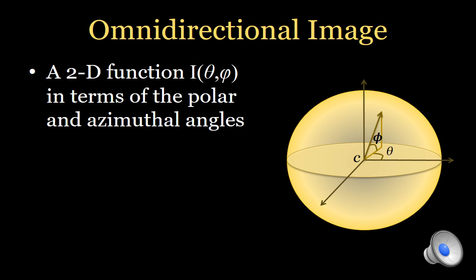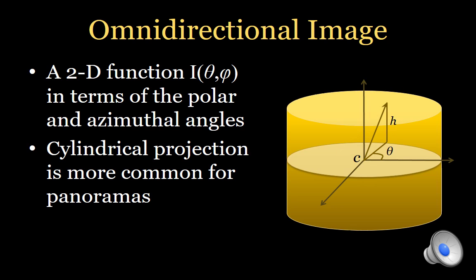For an omnidirectional image, the center of the camera remains constant, and hence the whole image can be described as a 2D function. This 2D function could also be described in terms of a cylindrical projection where the parameters are theta and h, which are the horizontal looking angle and the vertical height.